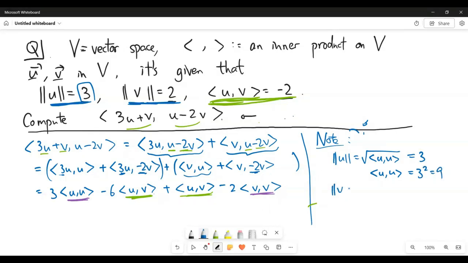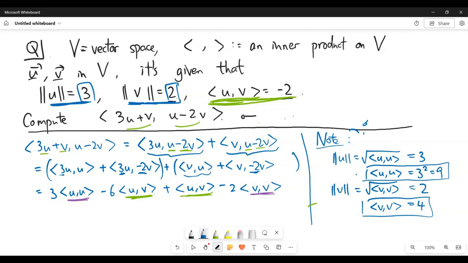Similarly, the inner product of V with itself is inside the square root, and it equals 2 because it is given information at the top, so the inner product of V with itself is 4. These two things are what we need.